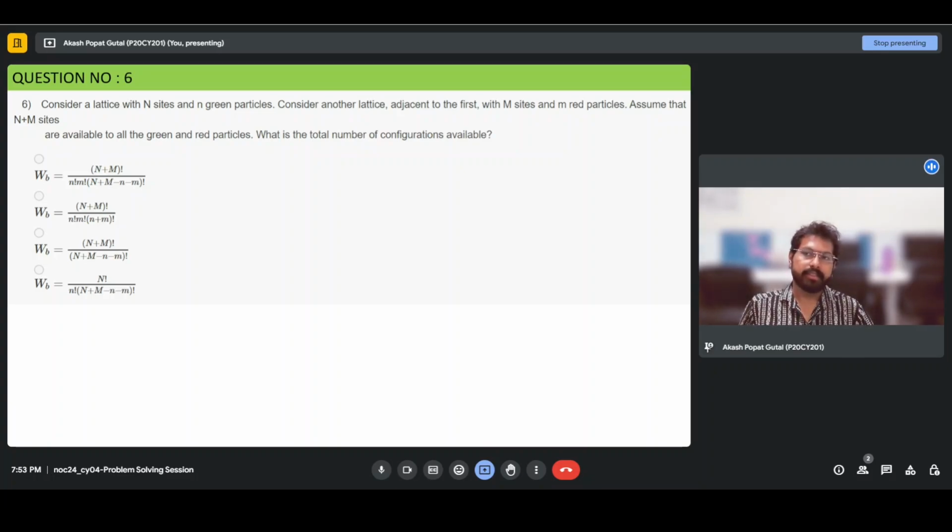Some lattice sites for the green particles, and some lattice sites in case of m or the red particles are vacant, and you need to take care of those vacant sites also in your derivation, in the calculation of the number of microstates.